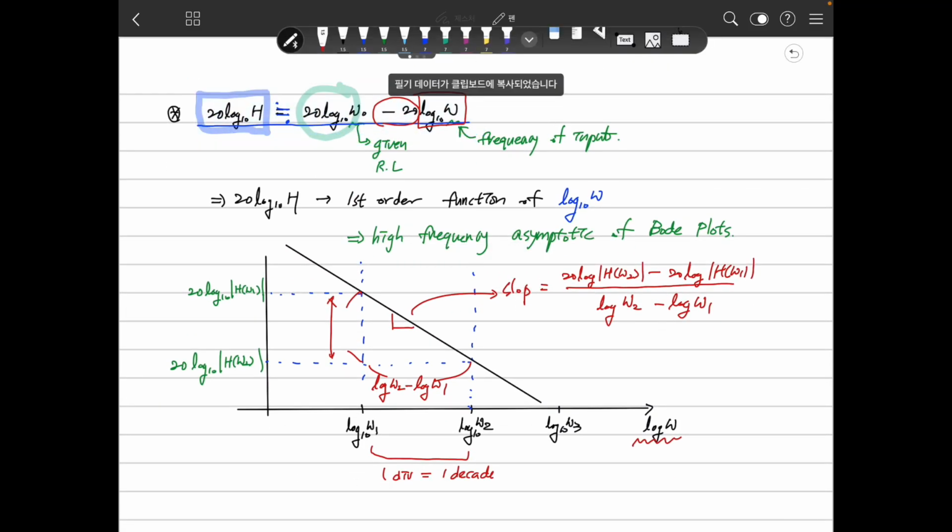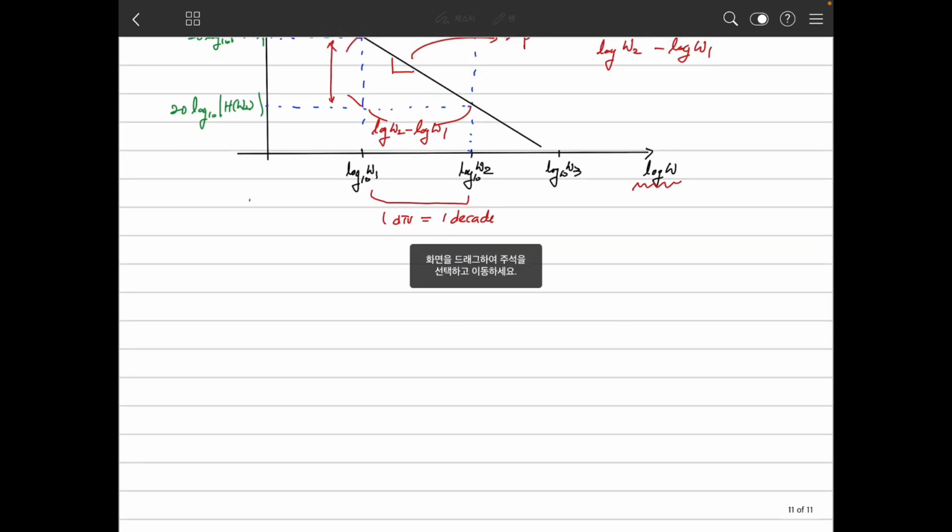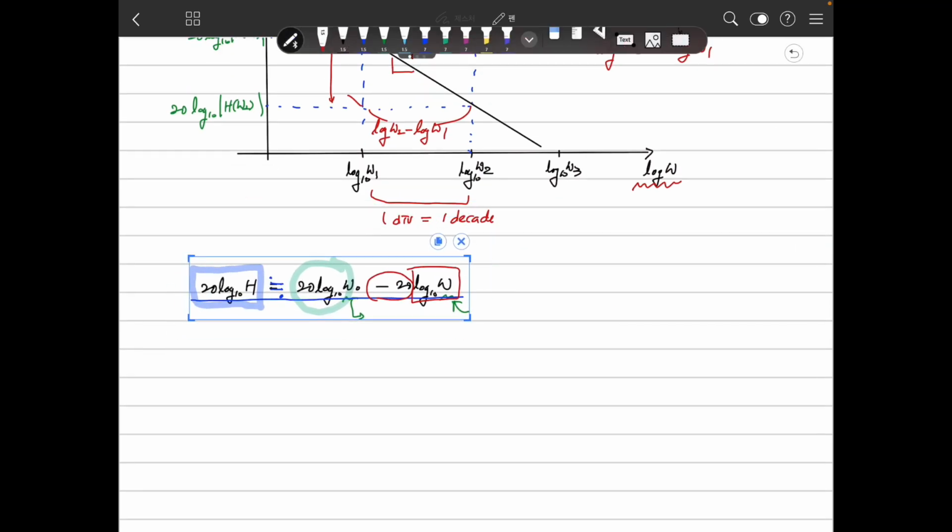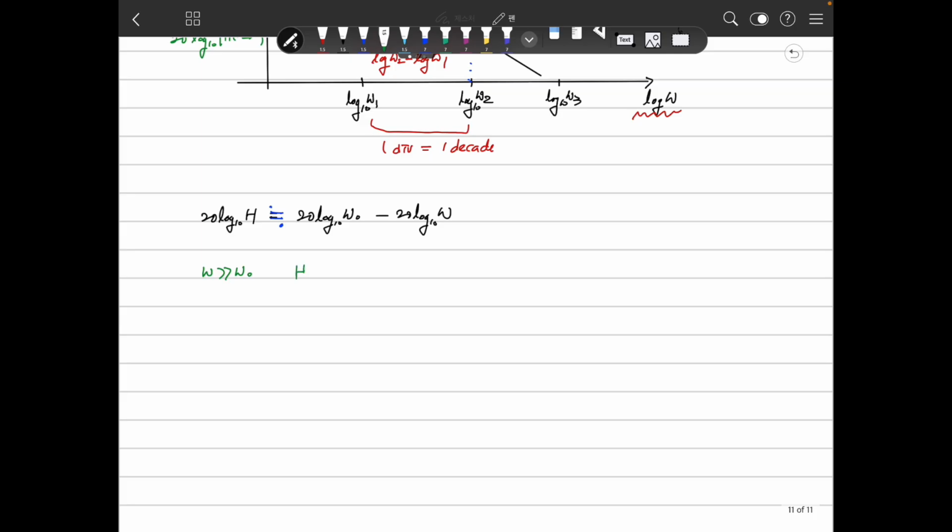So in this example, if omega is higher compared to the omega at the corner point here, in this case H omega was 1 over 1 plus j omega over omega 0.